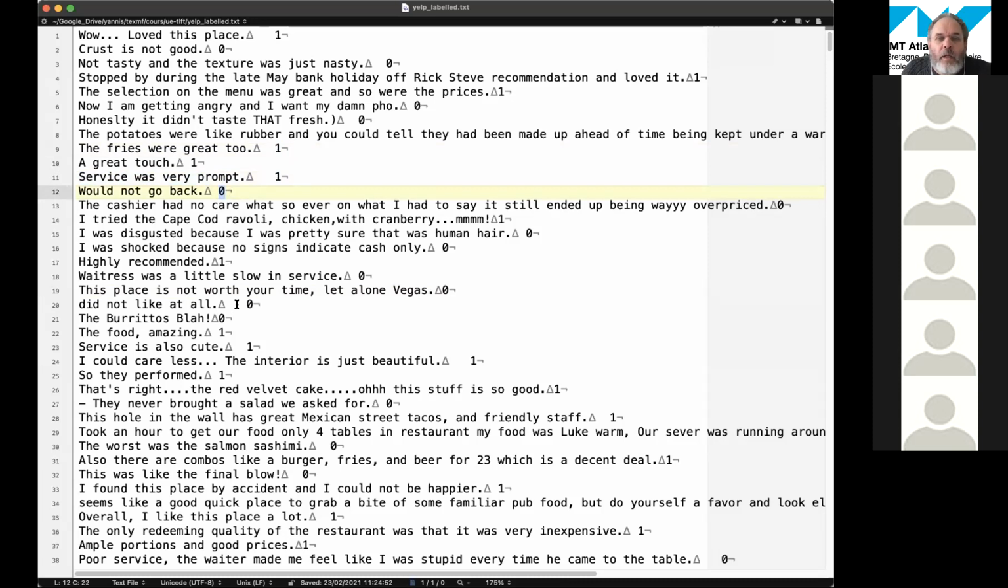And this is a really horrible corpus because sentences are short. Sometimes they are not complete sentences. The burritos, blah. So there is no verb. The food, comma, amazing, no verb. Sometimes you have negations, not worth. So it's a bad corpus to process in a rigorous way.